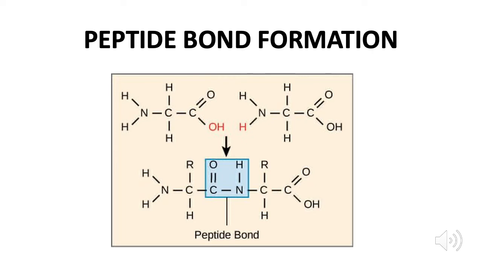I've got an illustration on our slide that shows me 2 amino acids at the top. You will see that the hydroxyl group of one carboxyl group on the left is highlighted, and a hydrogen of the amino group on the right is highlighted. So what we're going to do is we're going to take those hydroxyl and hydrogen atoms away, and we're going to create something called a peptide bond.